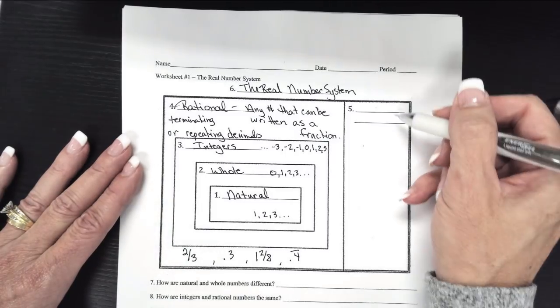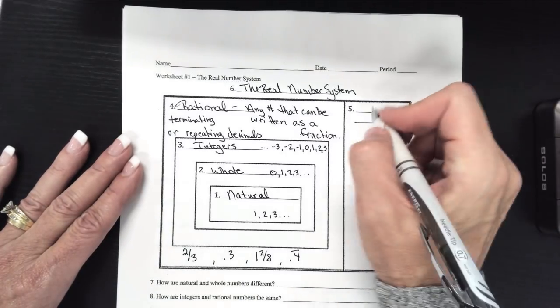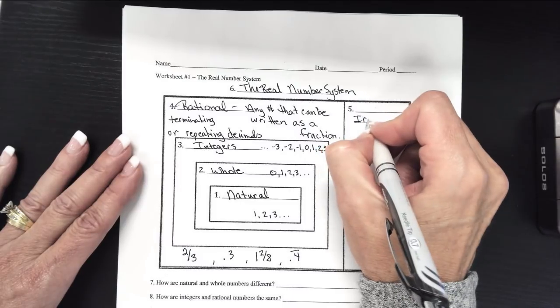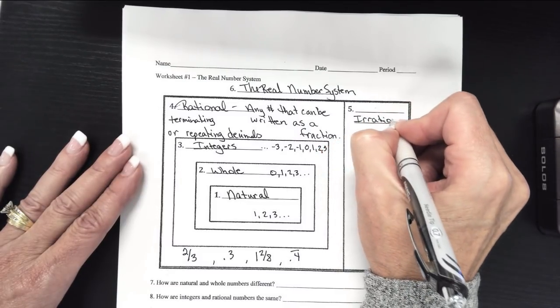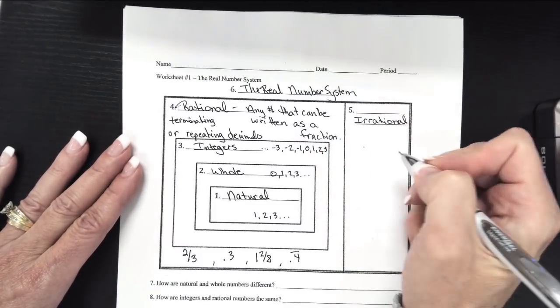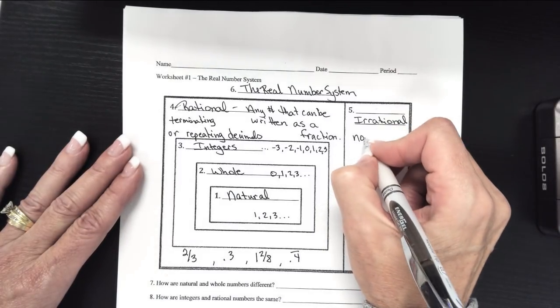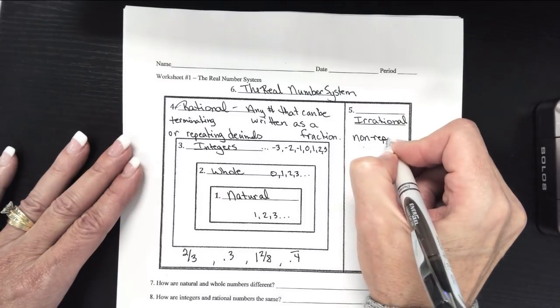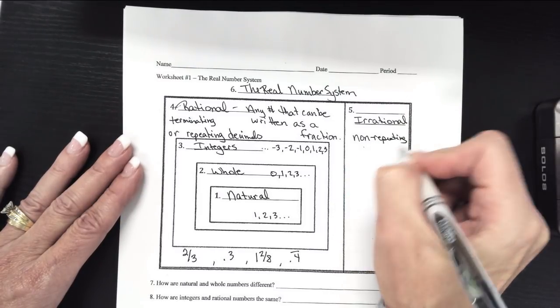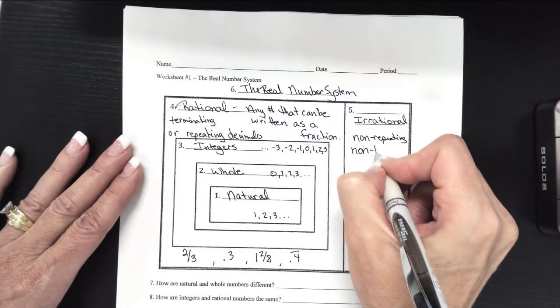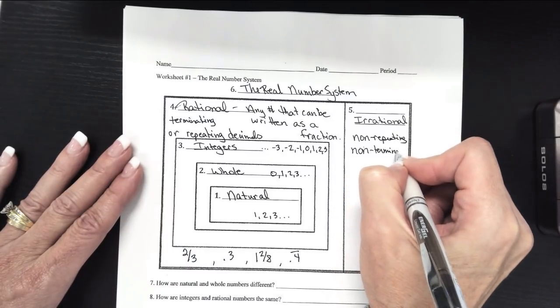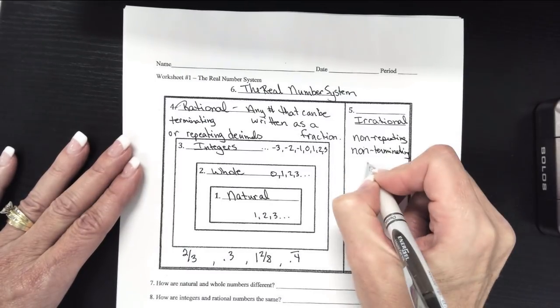And then over here by themselves, separated, we had irrational numbers. So we said that's the numbers that cannot be written as a fraction. So they are non-repeating, non-terminating decimals.